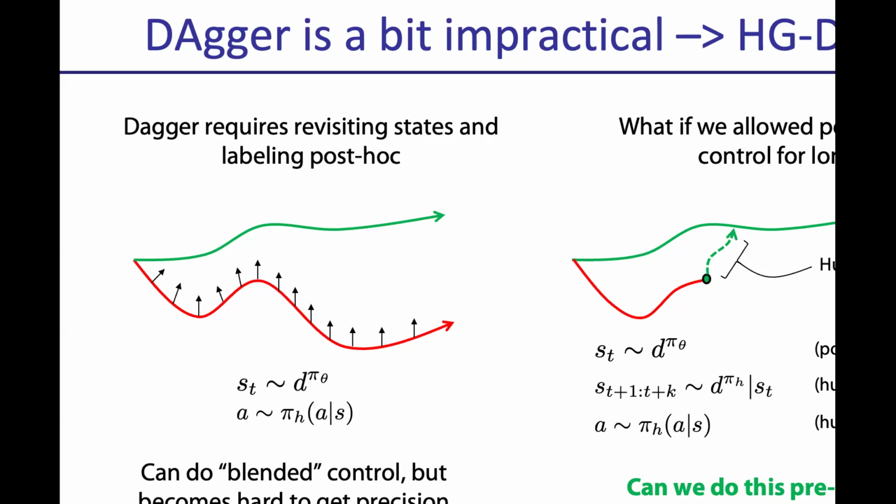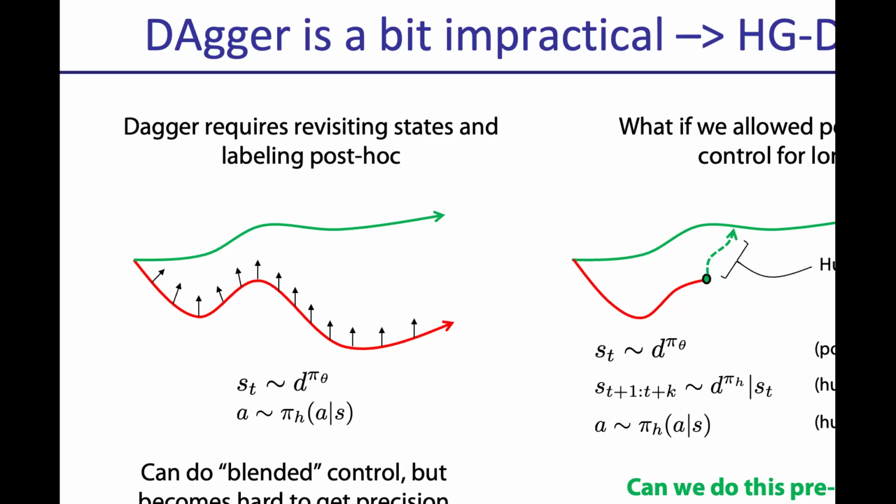What's going to happen is you're going with pi theta until that point right there, and then you're letting the human take over. So the next part is from pi h. Whereas here, you never let the human take over, so you're always from pi theta. And so the difference is that this is a mixed trajectory where you go with pi theta until you go with pi h, whereas here, you're always from pi theta.